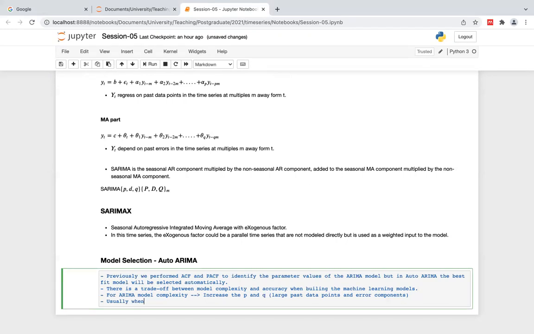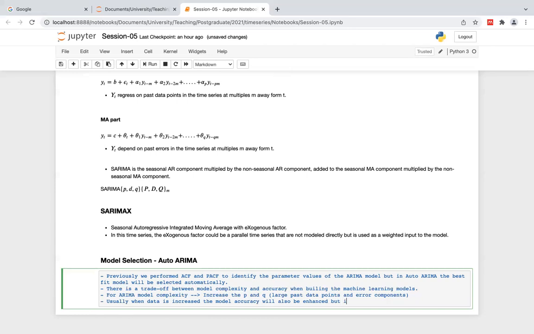Usually, when data is increased, the model accuracy will also be enhanced, right?